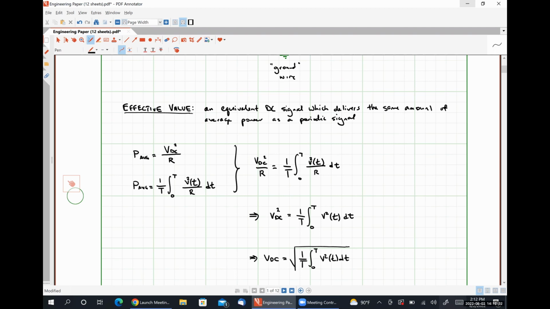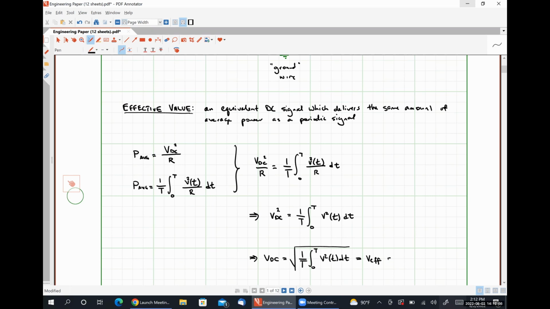So this DC number delivers the exact same amount of average power as our periodic voltage waveform V of t. I will call this V effective at times, literally meaning the effective value of the voltage.